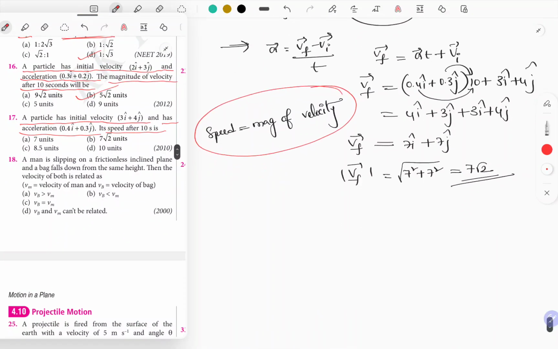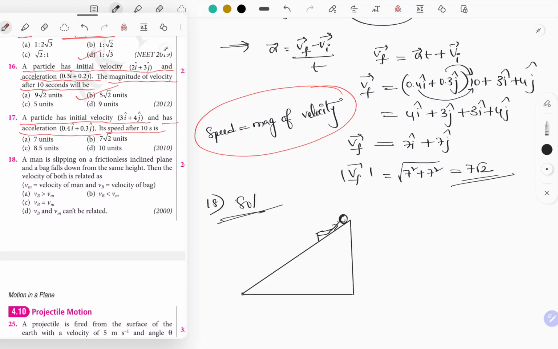Question number 18. A man is slipping on a frictionless inclined plane, like this.